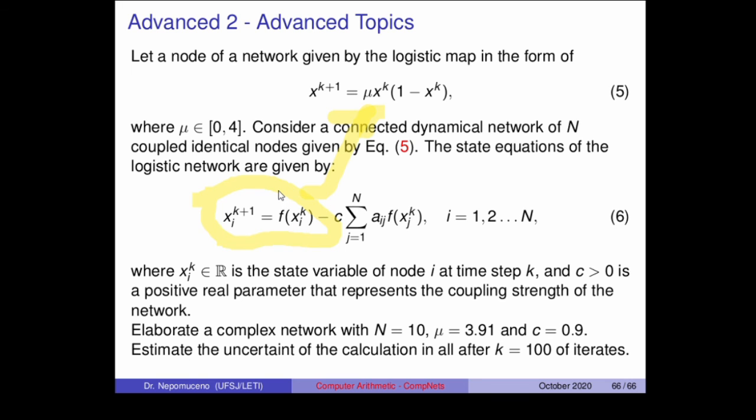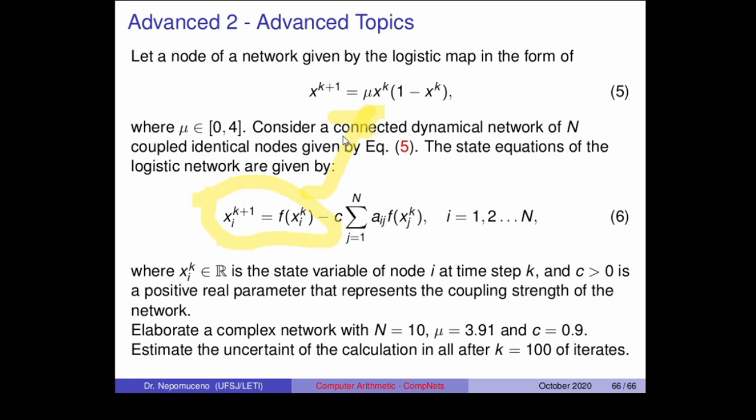Elaborate a complex network. So this is the topic to be done. Elaborate a complex network with n equals 10, mu_i equals 3.91, and c equals 0.2098. Estimate the uncertainty of the calculation in all nodes after k equals 100 iterates.